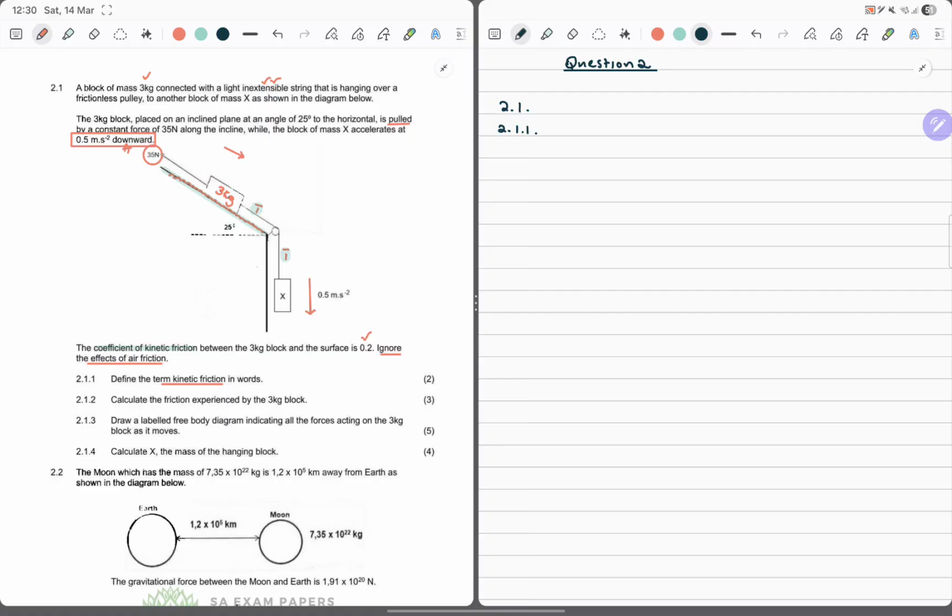So try to always make sure that in everything you describe, you put everything in it. For example, what is kinetic friction?